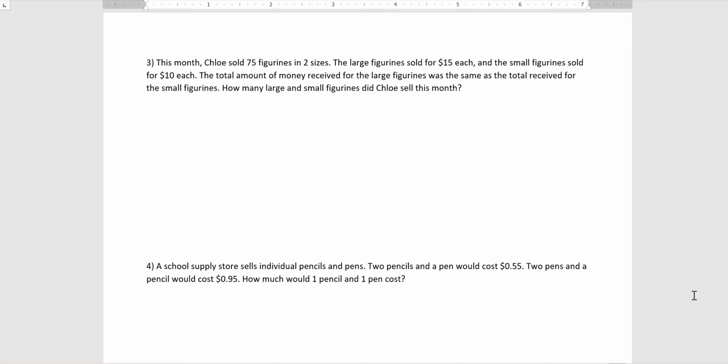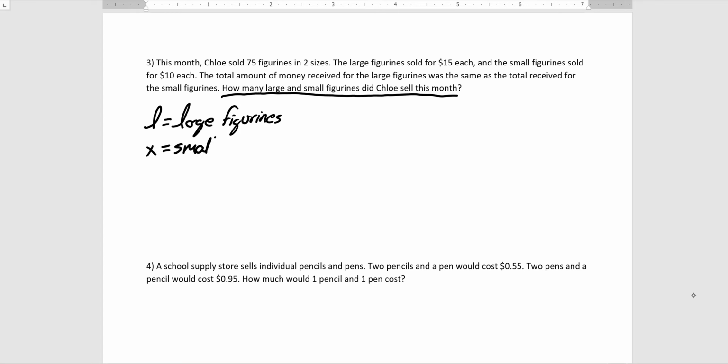So how many large and small figurines? So we'll say L for large figurines. And I don't like using S as a variable because it looks like my 5. So we'll say X for the small figurines. Now how many total did she sell? 75. So if I add together L plus X, that gives me 75.